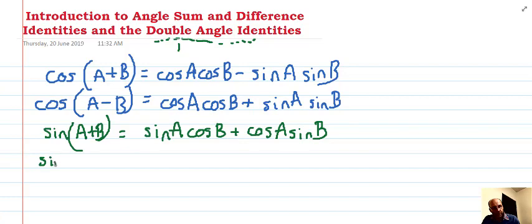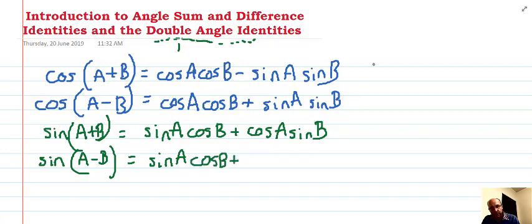The fourth one out of four for these is the difference identity, and that's sine a cos b minus cos a sine b.